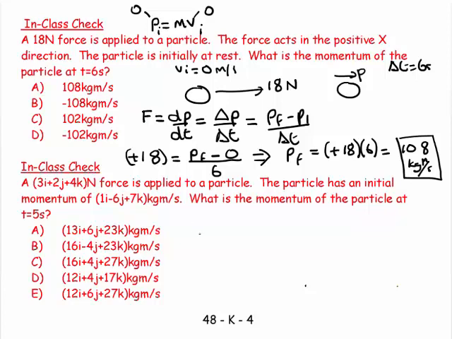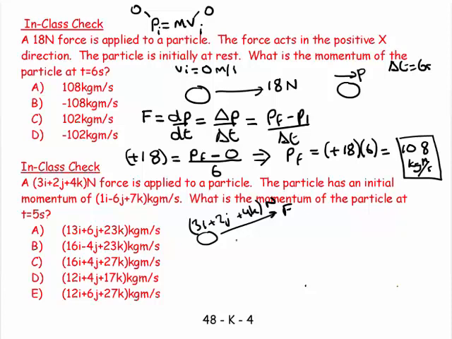If I do the same thing now with ijk, so here I have a particle, and I have a force, 3i plus 2j plus 4k newtons. There's my force.